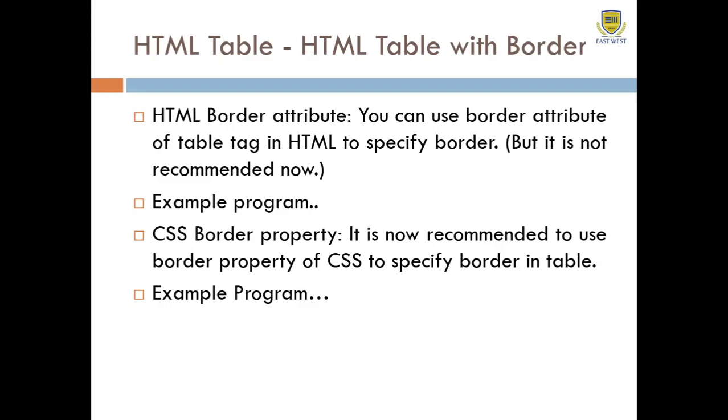No matter the attribute, we might miss what the border width will be and what things I should mention for a border, so there will be confusion. Definitely we don't recommend it. Usually we go for the CSS property, but in this case we check both cases.